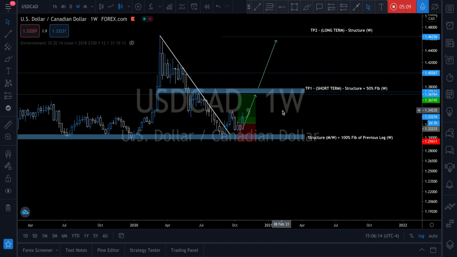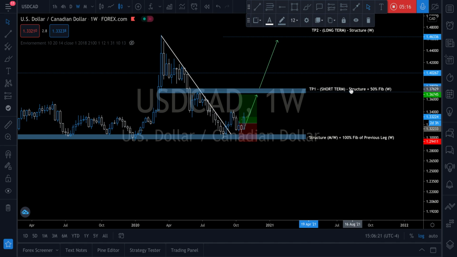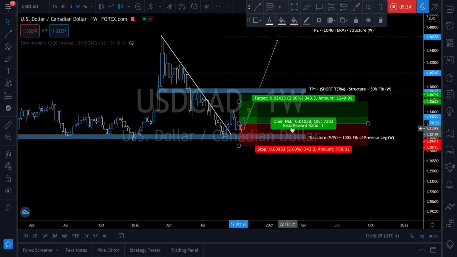With this TP1, the reason why we set it up here, as you guys can see already, is it was previous structure on the weekly time frame or the monthly time frame, the 50% fib retracement. So this is our short-term target. Now we have another long-term target, which we're going to use the same parameters for our stop loss.